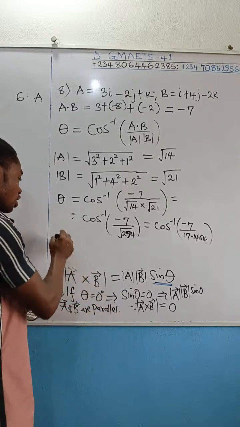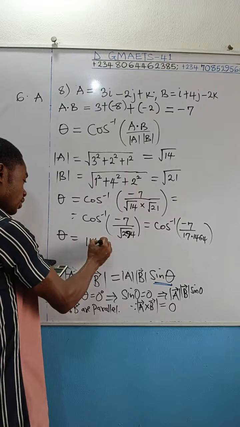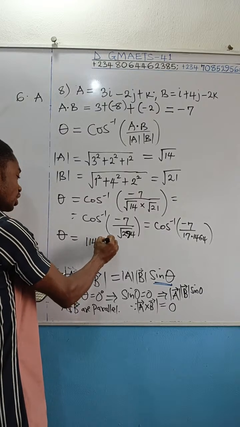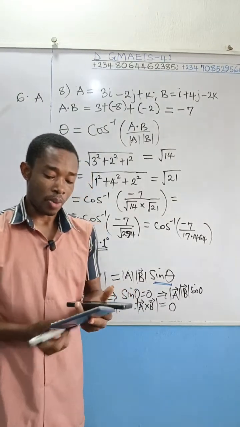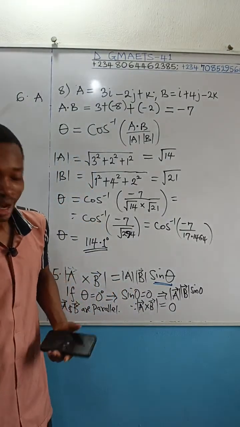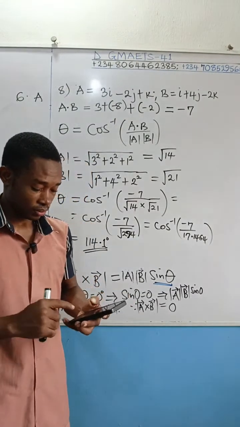This gives us theta, the angle, to be approximately 114.1 degrees. And this, of course, is the angle between the two vectors.